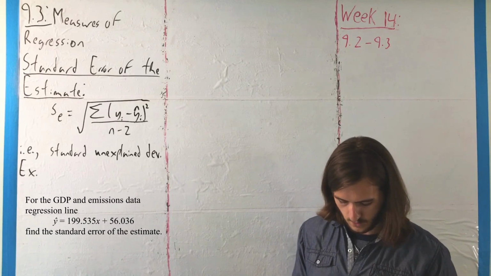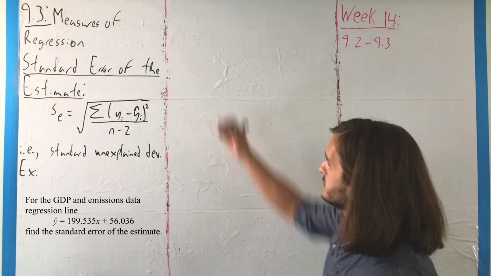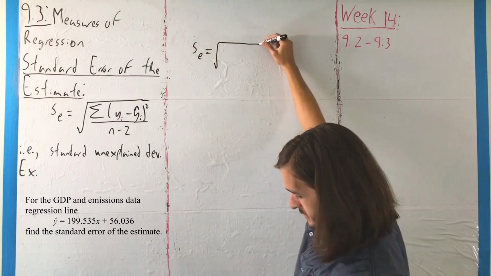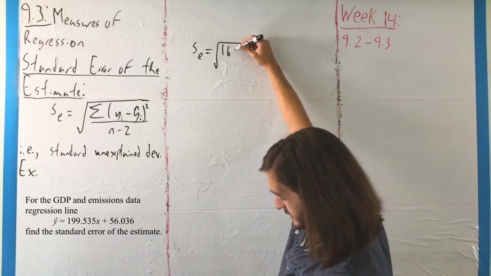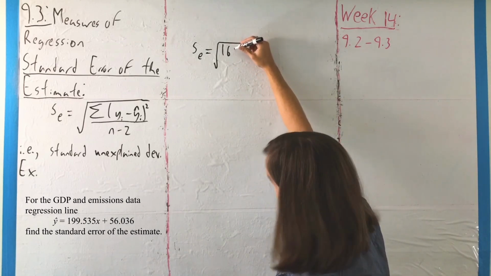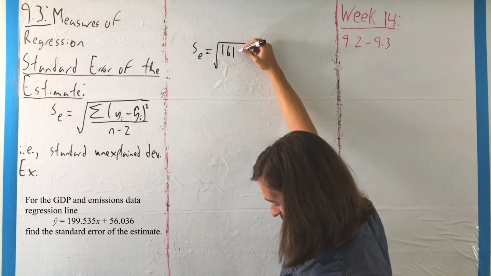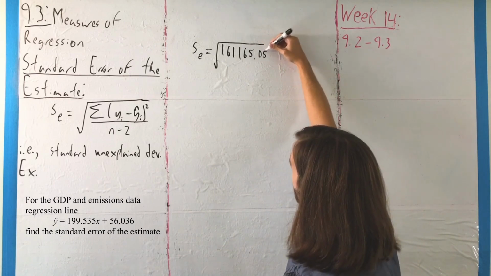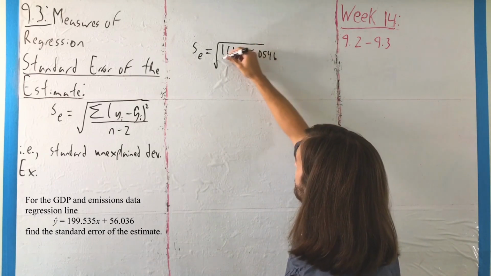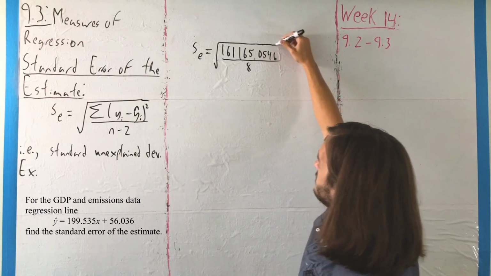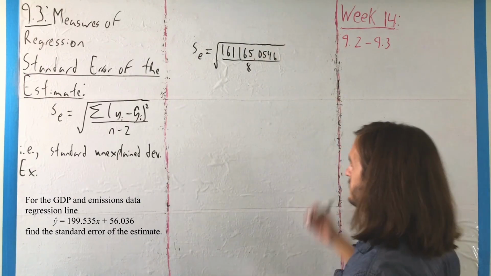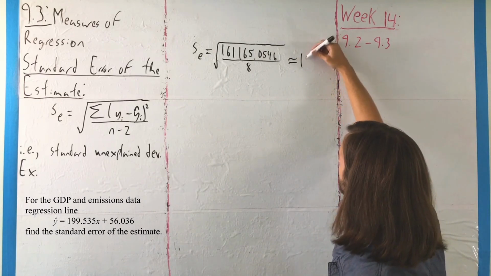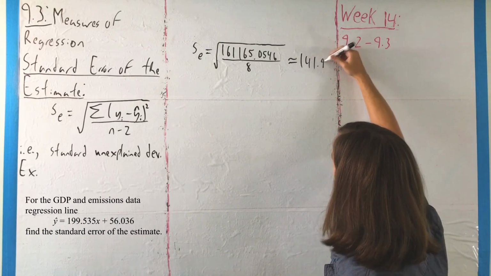So if you run through that computation by hand, or if you have your calculator do it for you, whichever works, what you're going to end up with for that standard error SE is something like the square root of 161,165.0546 divided by n minus 2, which is still 8, all under that radical, like I said, for a value of approximately 141.935.